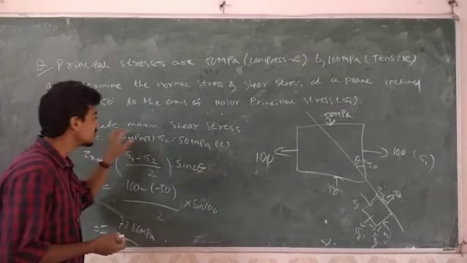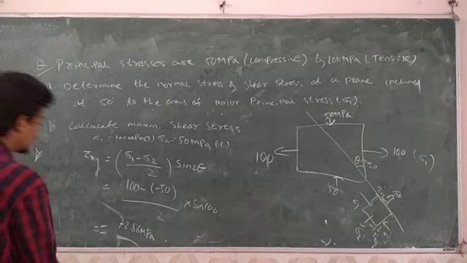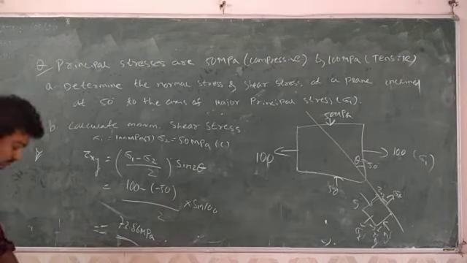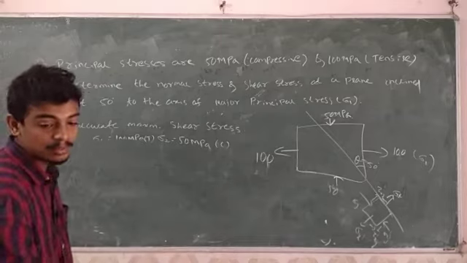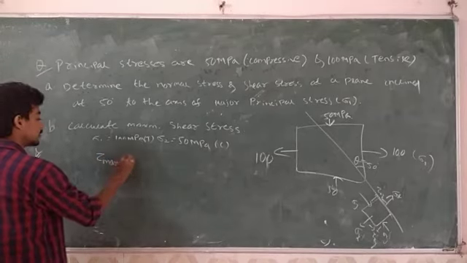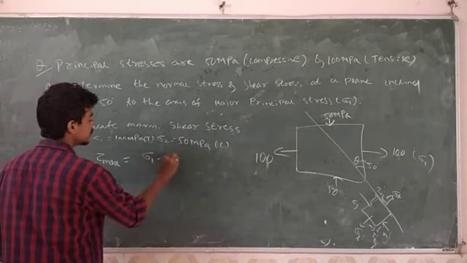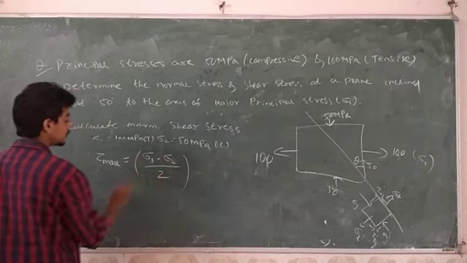Now your second question, that is to find the maximum shear stress. Now tell me the formula of maximum shear stress. Maximum shear stress equal to sigma 1 minus sigma 2 by 2. It is the formula of maximum shear stress.